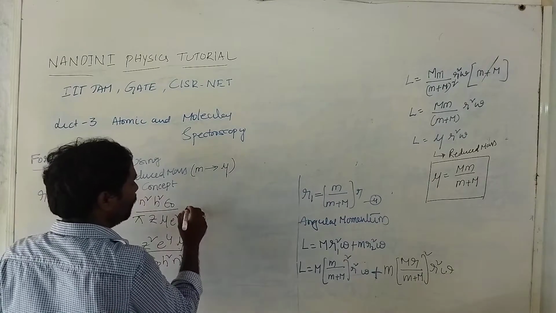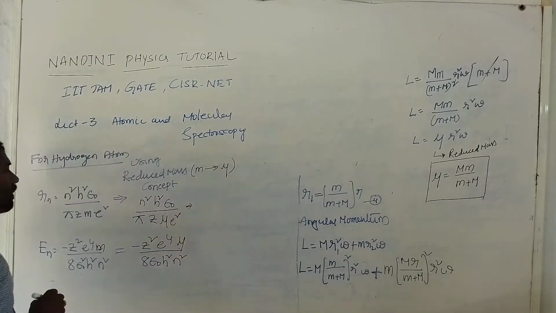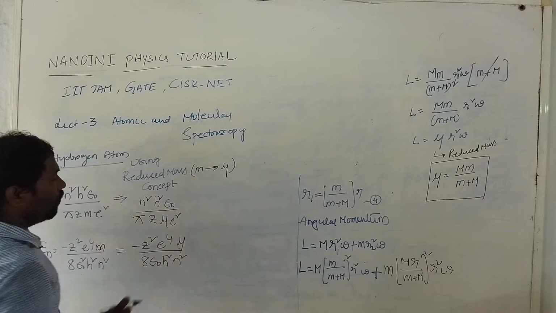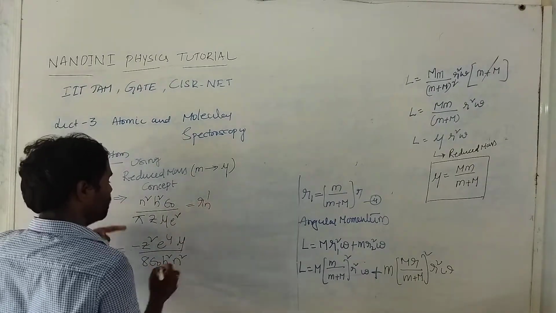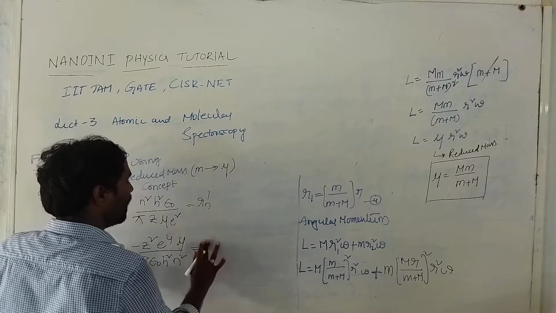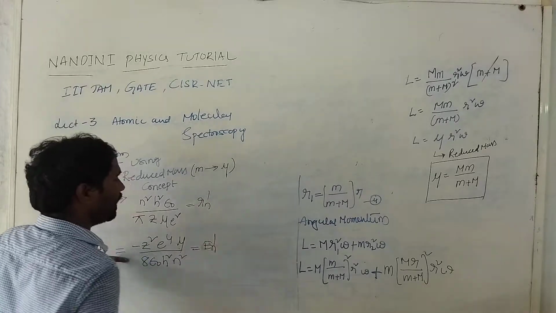This is the new radius, represented Rn dash, and this is the new energy, represented En dash.